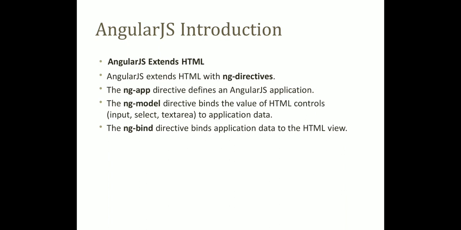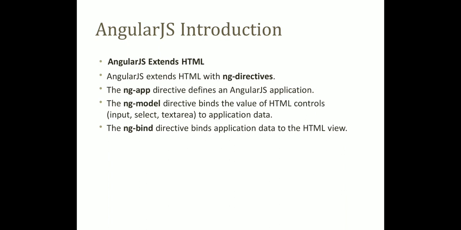The ng-app directive defines an AngularJS application. If we want to define any AngularJS application, then you have to use ng-app. Then ng-model: the ng-model directive binds the value of HTML controls, that is input, select, textarea, to the application data.